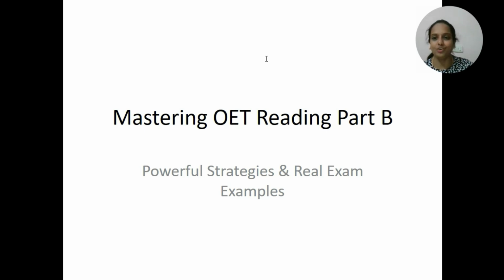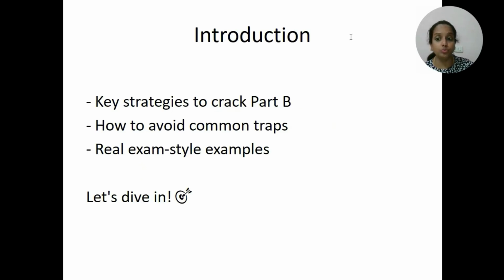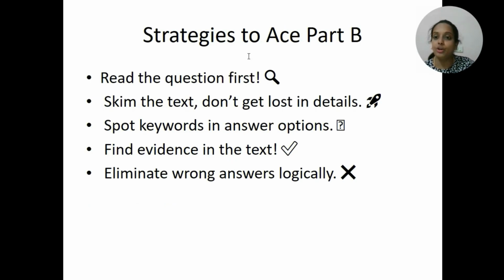Okay? Now, before we jump into examples, I'm just going to give you a solid step by step approach to crack Part B. First, you have to read the question first. Before even looking at the text, you have to read the question because that gives you a clear purpose while reading. You have to ask yourself, what exactly am I looking for? Got it? And then comes skimming the text.